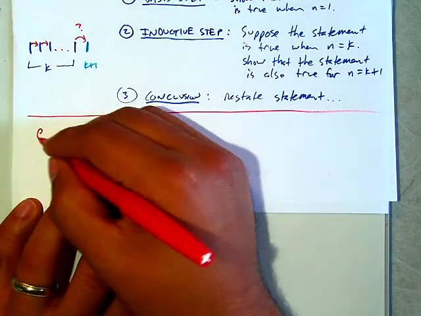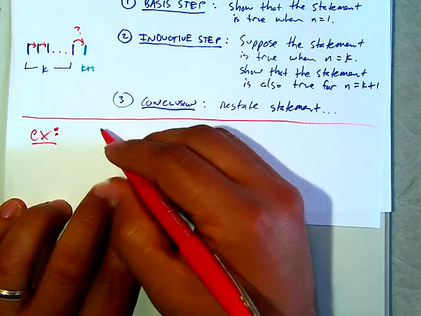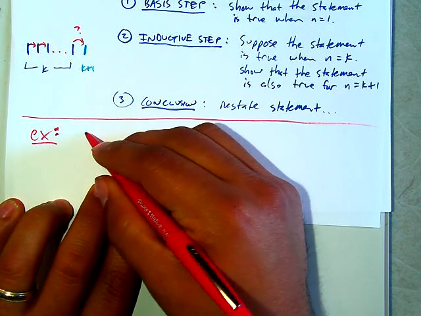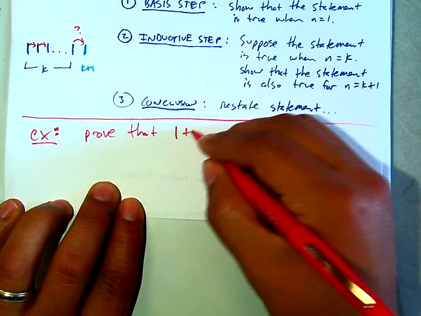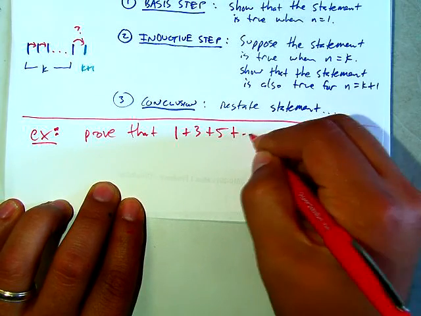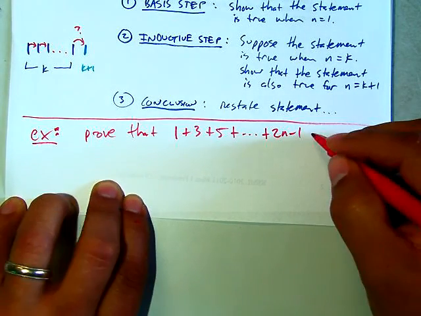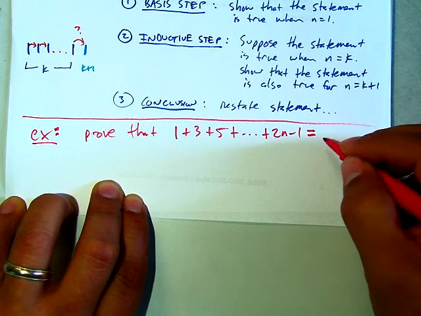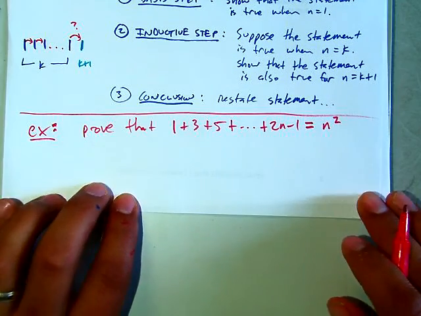So let's formally write this example down. So we want to prove that 1 plus 3 plus 5, etc., through 2n minus 1, that's always going to be n squared.